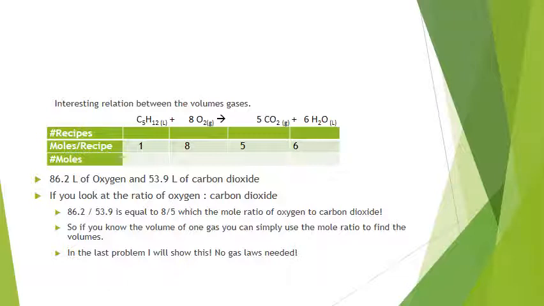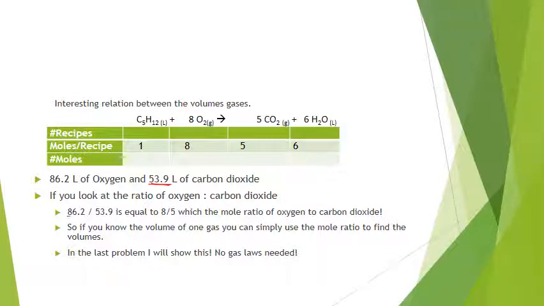Here's something kind of interesting. If you look at our answers, we needed 86.2 liters of oxygen and produced 53.9 liters of carbon dioxide.